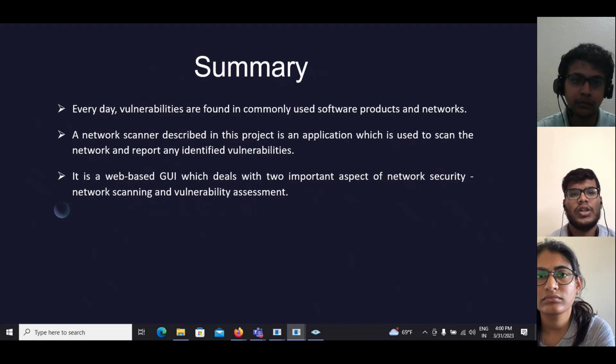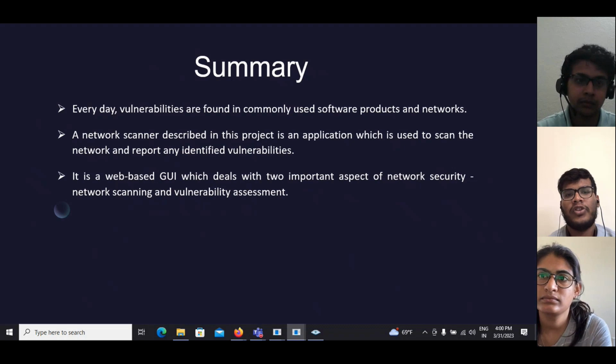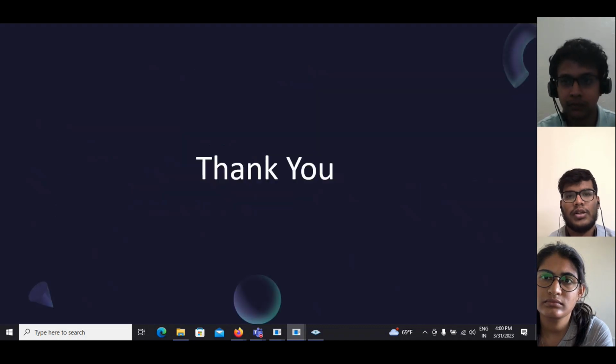In previous sessions, one of my colleagues has shown the GUI of Nmap. With some commands, we can know the network security and network scan rating for vulnerability assessments. Next slide. Thank you.